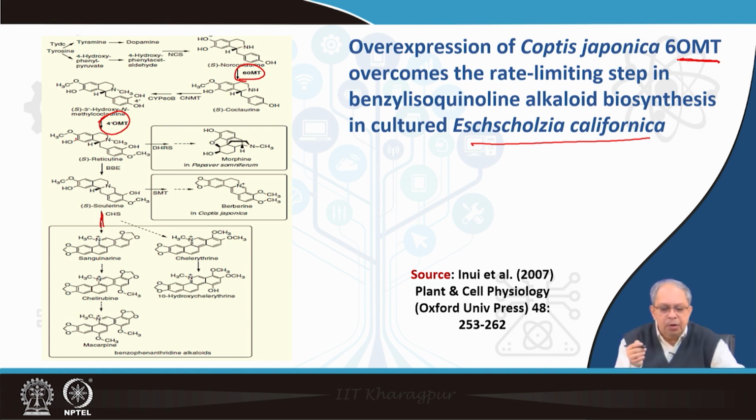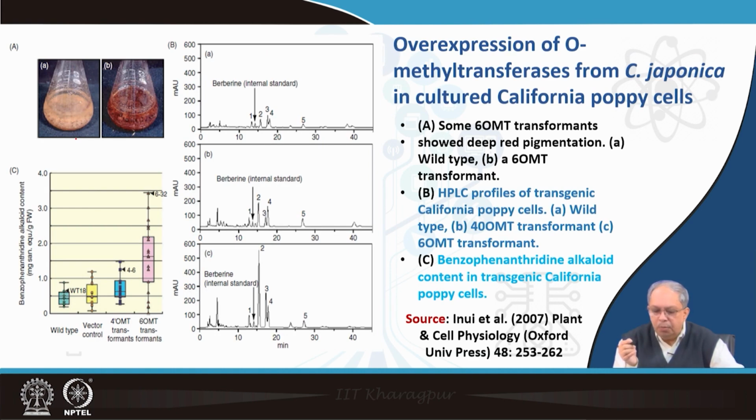alkaloid levels. So, what they found when they expressed the 6-OMT, that leads to around 7-fold enhancement of the alkaloids, as is seen here, that is 6-OMT transformants. Whereas, when they used only 4-OMT, that is very little and almost equivalent to the control.